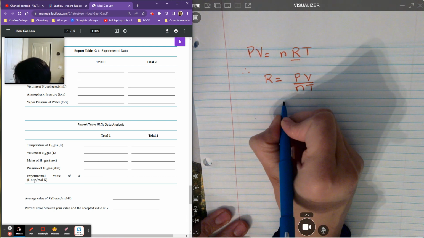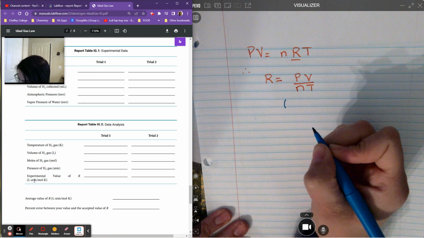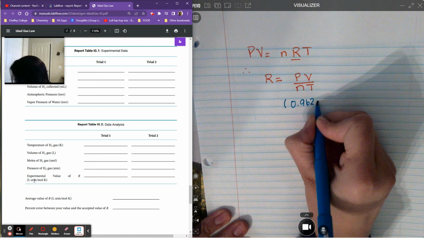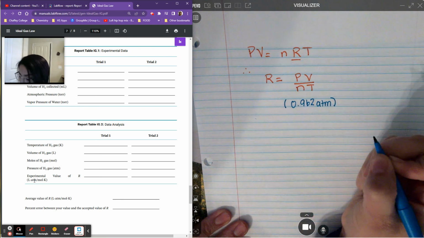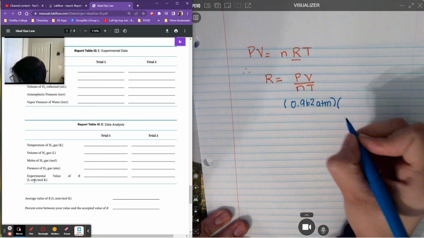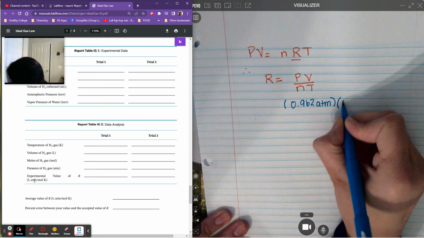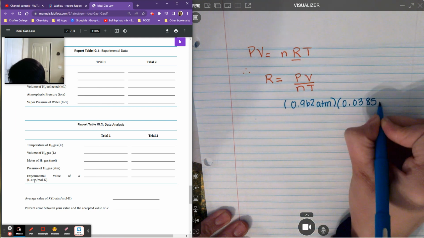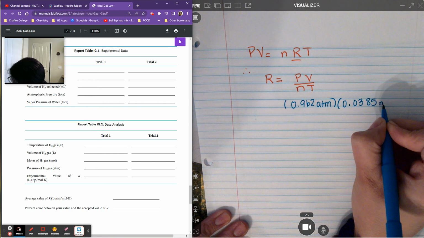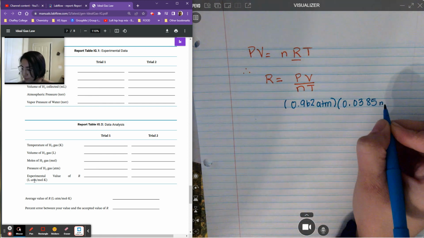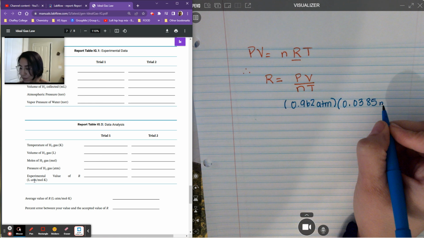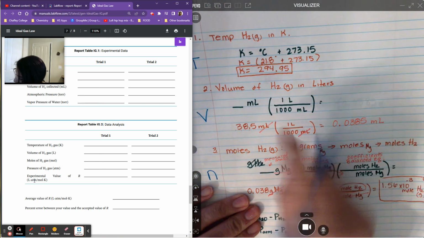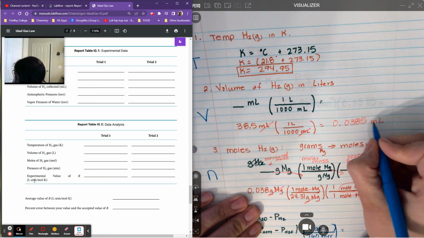Let's go ahead and solve for our R. Our pressure that we solved for was 0.962 atmospheres. Our volume was 0.0385 liters. I wrote this wrong. So actually, let's go back over here and fix this. So I did the calculation correctly, but I wrote the unit wrong.